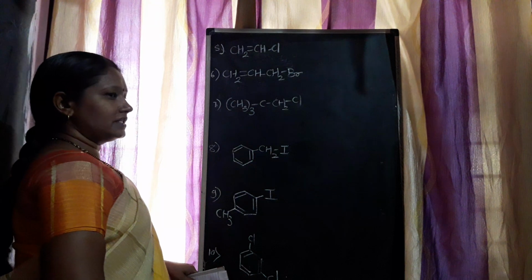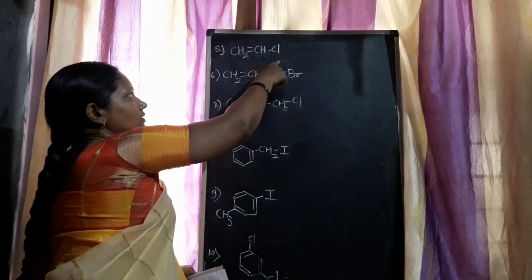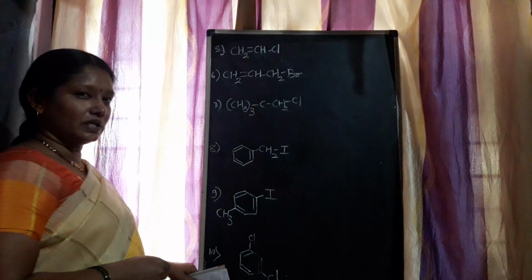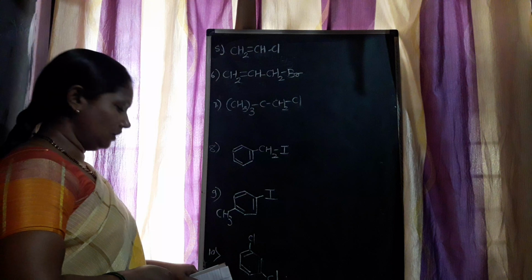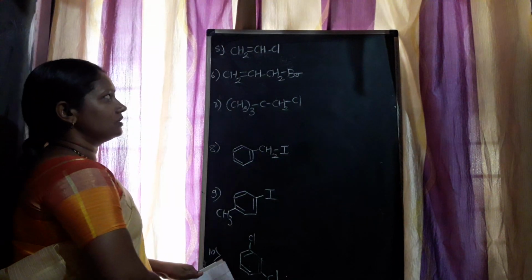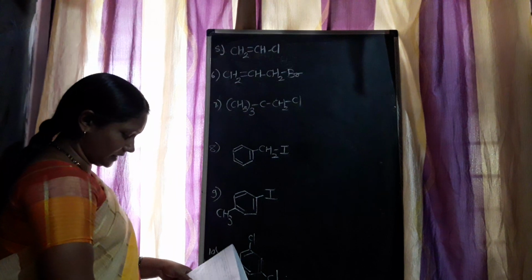Now next example, here two functional groups are present. One is halogen and the second one is alkene. Now in this example, in the long chain two carbon atoms are present.